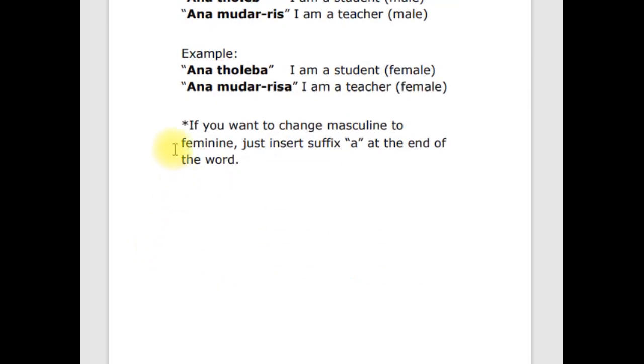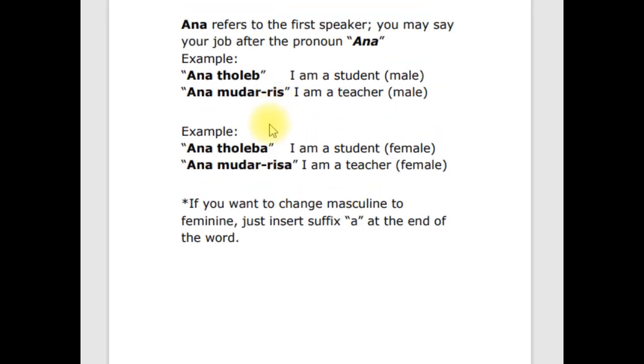If you want to change masculine to feminine, just insert a suffix a at the end of the word. Take a look. This is the masculine, mudarris, there's no a. But once you change it to the female form, you need to put the a here. Mudarrisa, talibah.